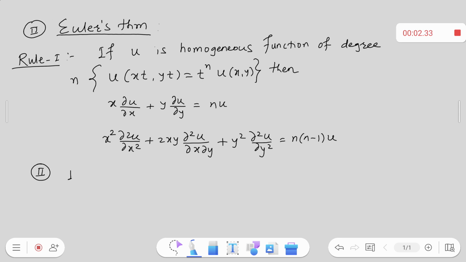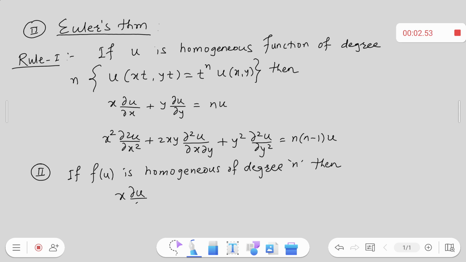It means if a function of u, f of u, is homogeneous of degree n, then x into del u by del x plus y into del u by del y is equal to n into f of u upon the derivative of f of u.